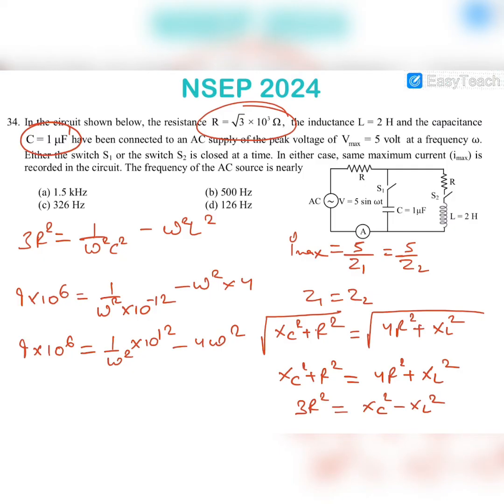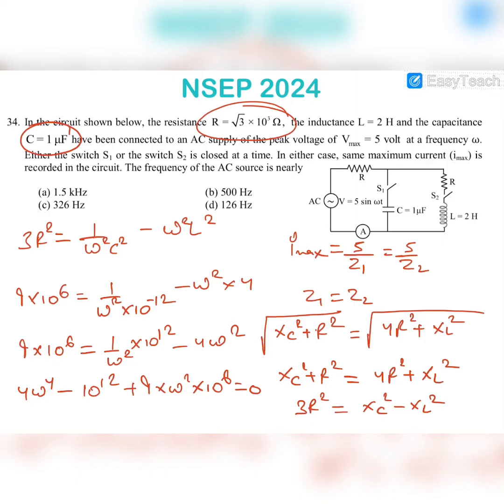So I will take the LCM. So 4 omega to the power 4 minus 10 to the power 12 plus 9 into omega square into 10 raised to power 6 is equal to 0. So this is a quadratic equation, and to solve it, let us assume omega square as the variable. So let us directly write down the value of omega square.